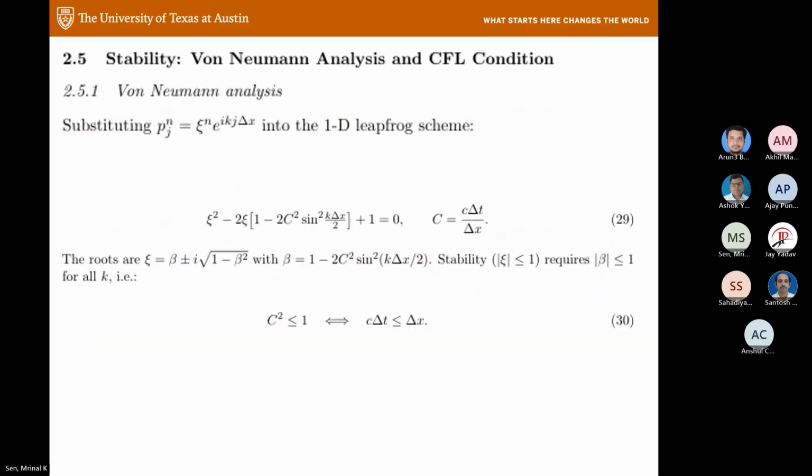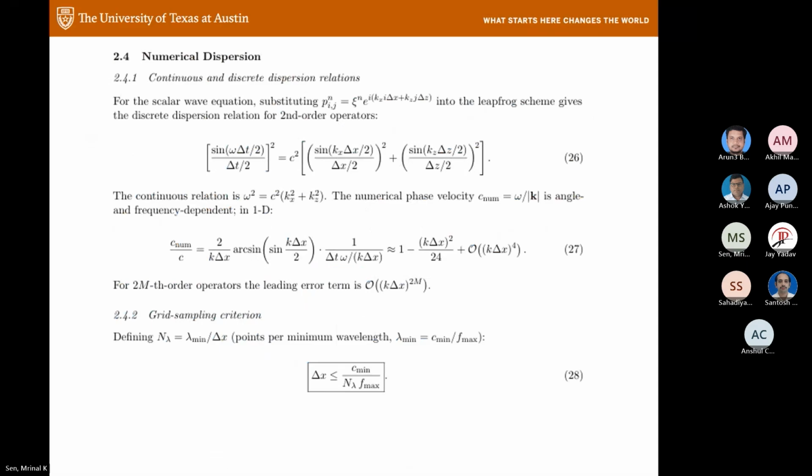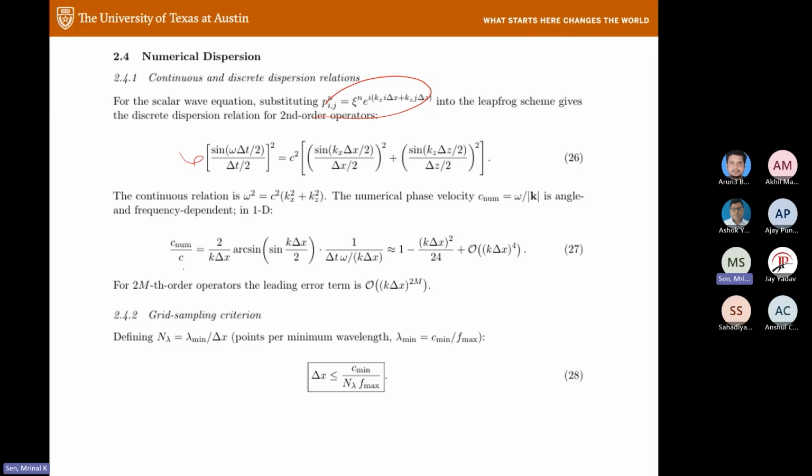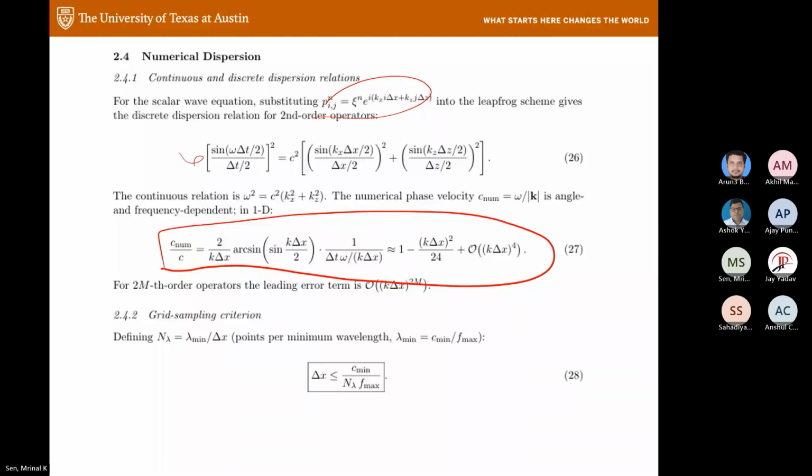The way to look at this is to take this wave field and put in a plane wave solution, and you can solve for this. It turns out you can generate a relationship between the numerical velocity and the true velocity, given by this equation. Based on that, we can come up with a grid sampling strategy.